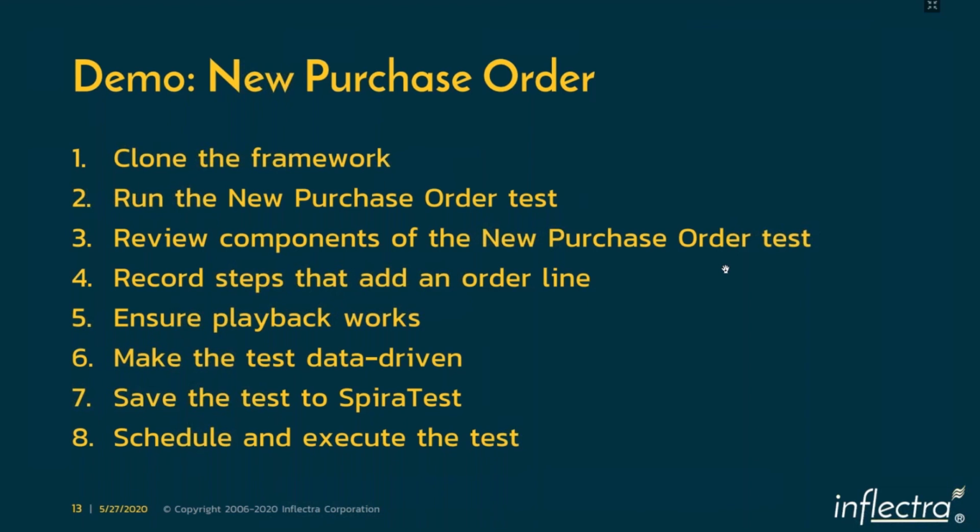But I will show the main components of this test that you should be aware of. And we will record a pretty big part of this test, and we will make sure that the steps that we recorded work. We will parameterize and make this piece that we recorded data-driven. And then we will put everything into the test management system, into SpiraTest, and we'll execute our test case.